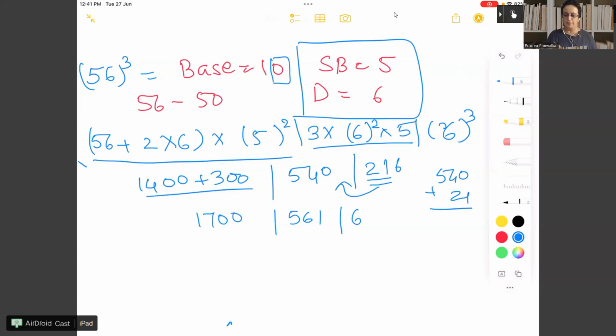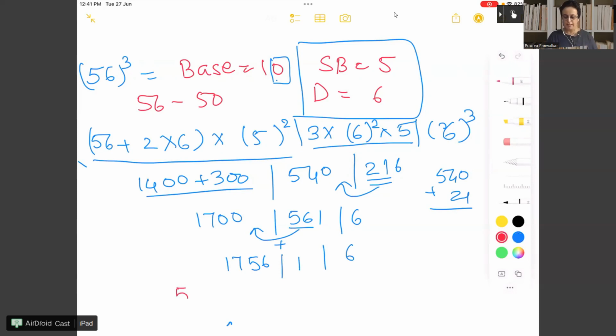Now again, coming back to the basics, my base has only one 0, so the middle digit is also going to have a single digit. So the 56 will be added to the 1700, giving 1756. My second term is 1 and my third term is 6.